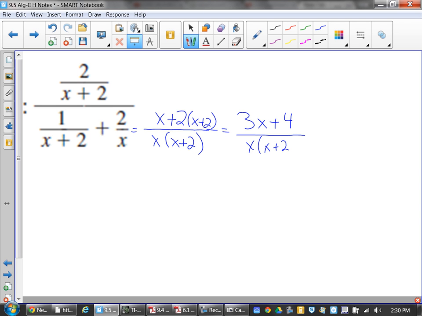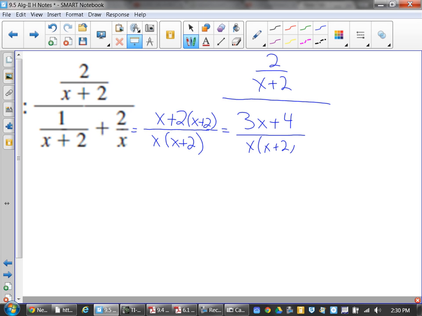Now, we didn't do anything to this, did we? So just bring it over. Now take this crappy looking vertical fraction that you guys are all freaking out about and rewrite it horizontally as a division problem, like you did yesterday.